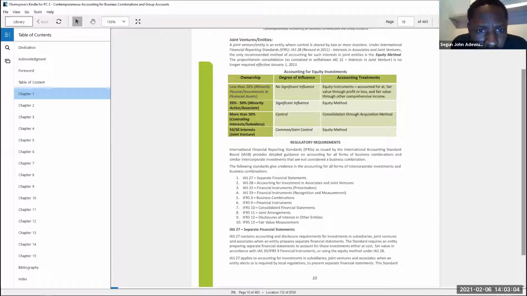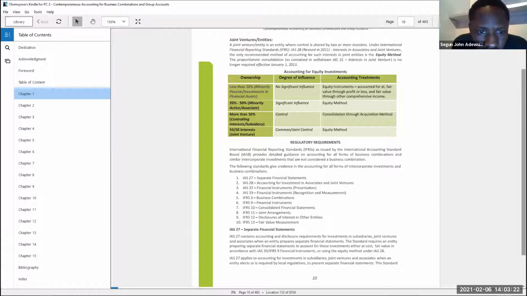The proportionate consolidation as contained in the withdrawn IAS 31, interest in joint ventures, is no longer required effective January 1st, 2013.